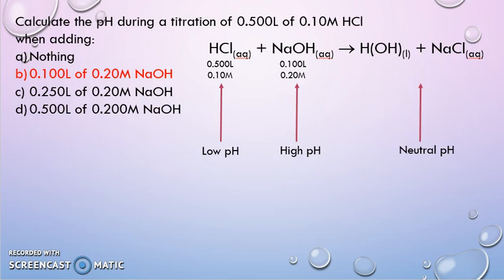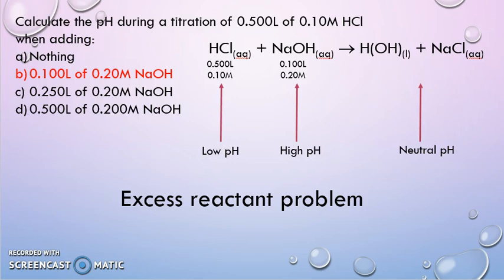So if this is a limiting reactant scenario, one of the 2 of my reactants will run out, but I'll have extra of the other one. That means I won't have a neutral pH, although I'll be making product. I'll have excess acid or excess base that will adjust the pH. So this is really an excess reactant problem. I know that that's not usually our favorite style of problem, but we can do it.